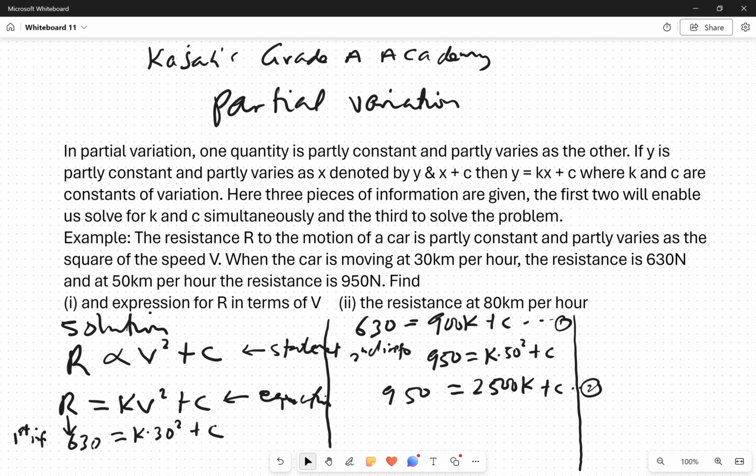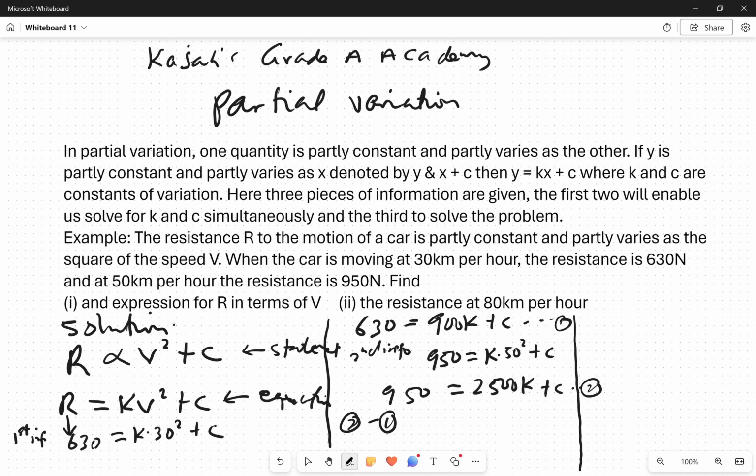So we have to solve equations 1 and 2 simultaneously, and this is a simultaneous equation, so you need to know how to solve simultaneous equations. We can eliminate c because the c's are equal. So let's say equation 2 minus equation 1, that's 950 minus 630.